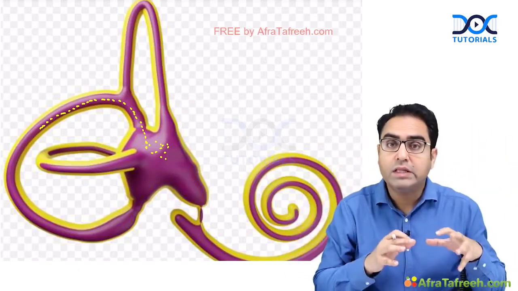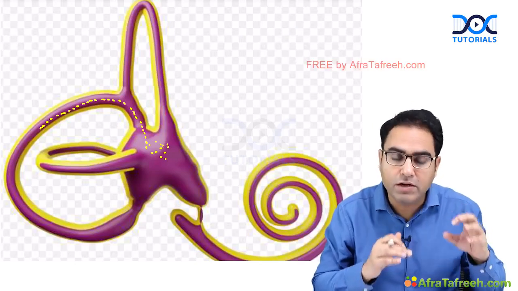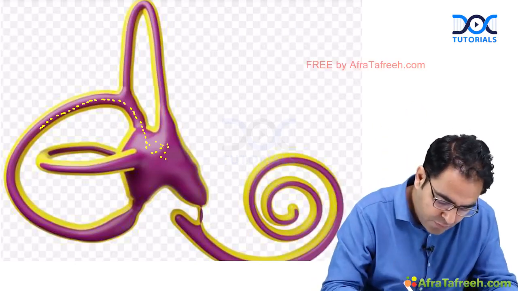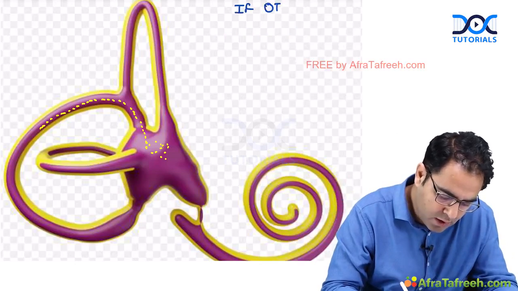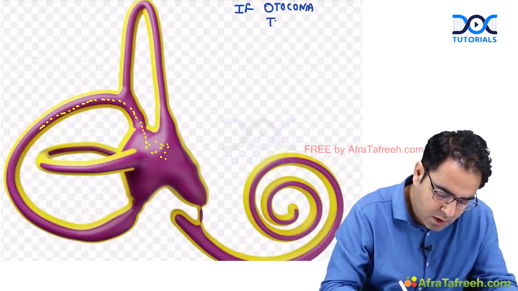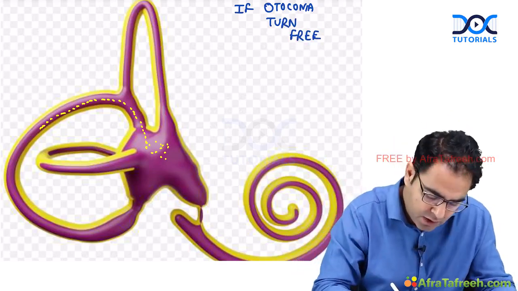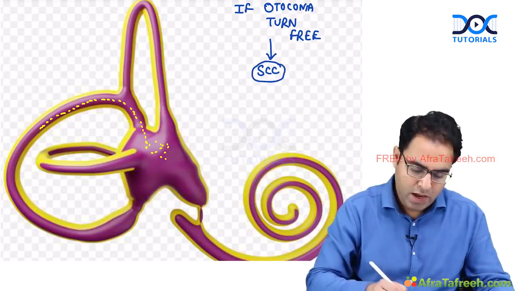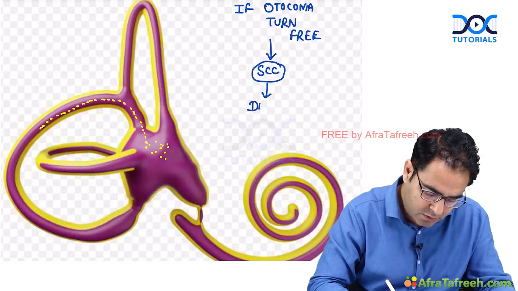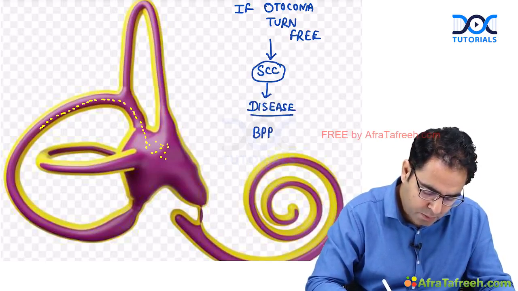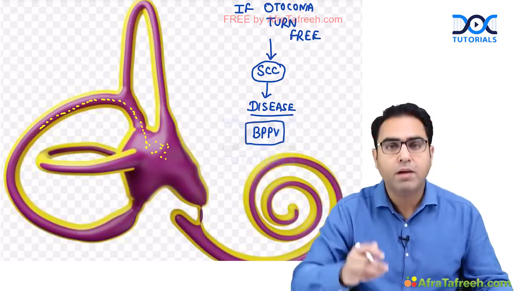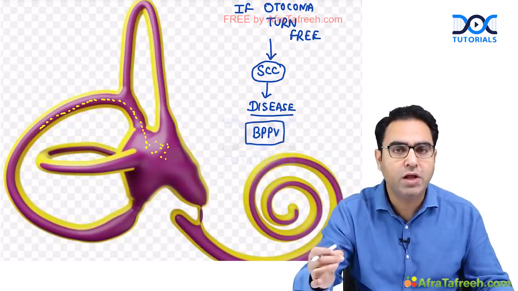Okay? So, this is a disease. What is a disease? Now, otoconia were supposed to be impregnated in the gelatinous layer of macula, but if they turn free and they reach semicircular canals, it will lead to a disease called BPPV, benign paroxysmal positional vertigo.